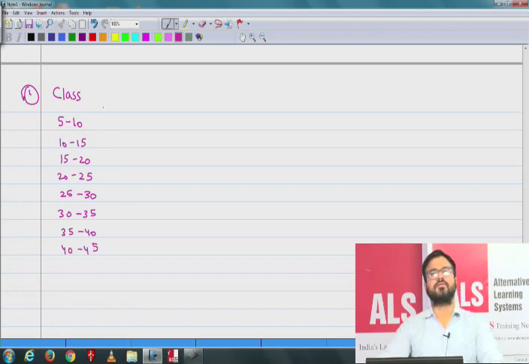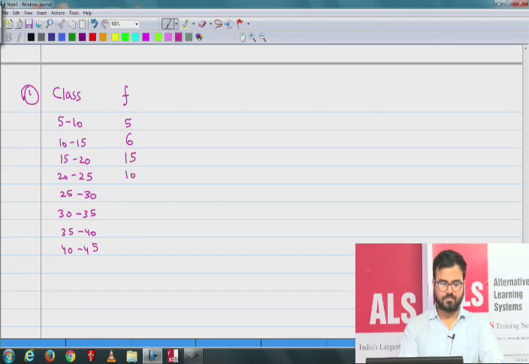The class is given with an interval of 5, and the frequencies are given as 5, 6, and so on. We have to find the median of this data.